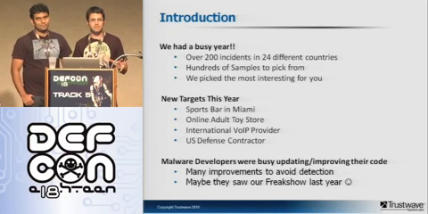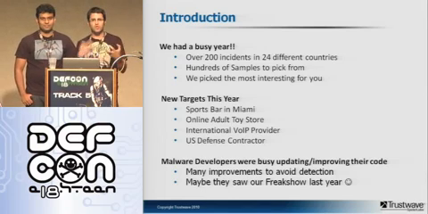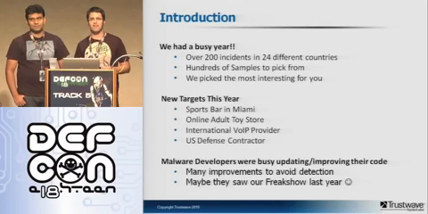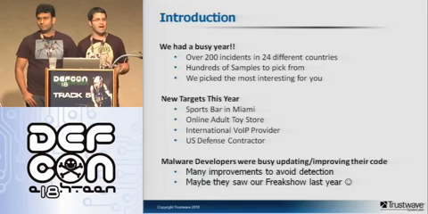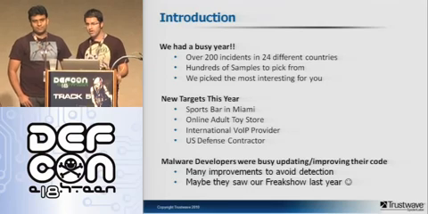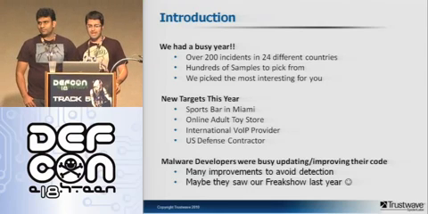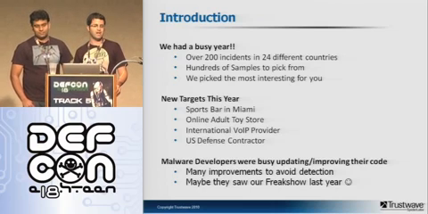So we have some new targets, and if anybody attended the talk last year, we talked about the target environment, showed you how the environments work from a technical standpoint. We're going to fast forward a little bit past that and really describe just the environment at a high level and spend a lot of the time focusing on the malware itself. The new targets we have are a sports bar in Miami, an online adult toy store, an international VoIP provider, and a U.S. defense contractor.